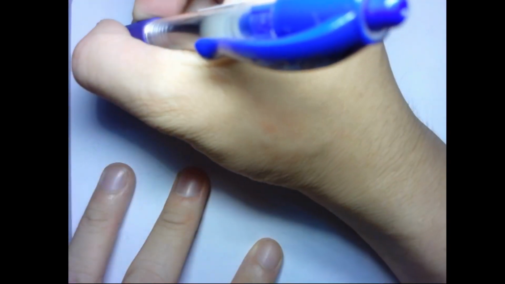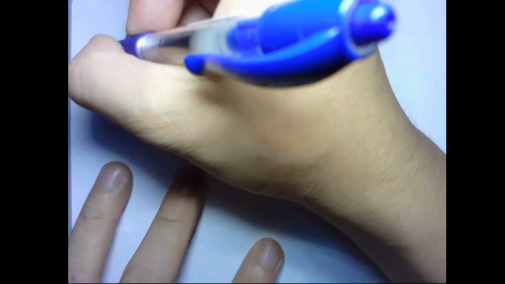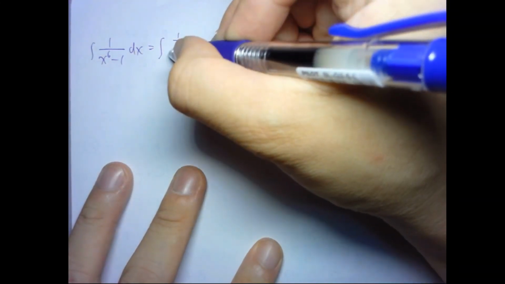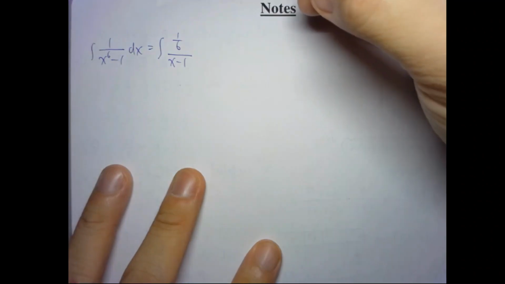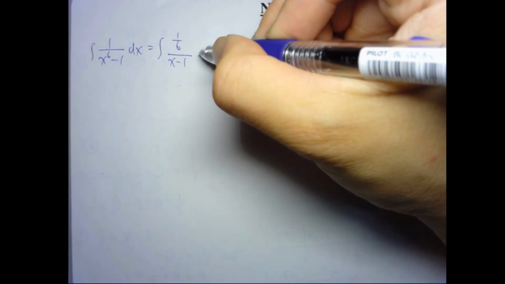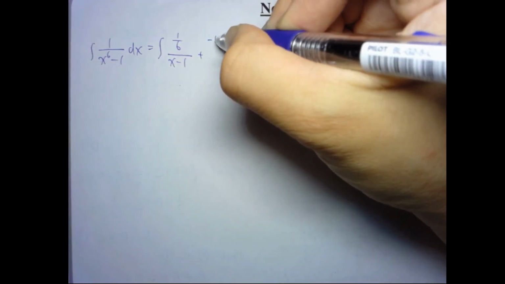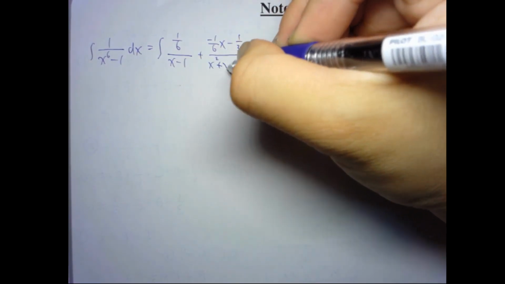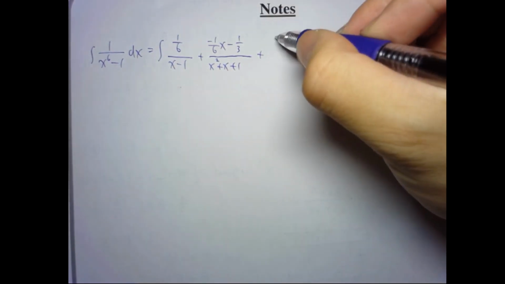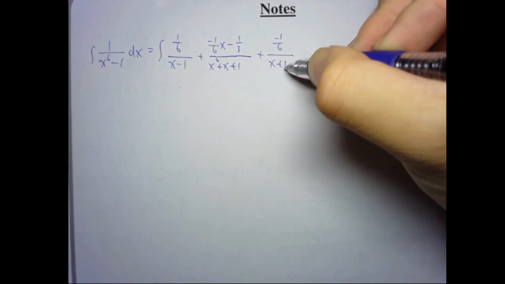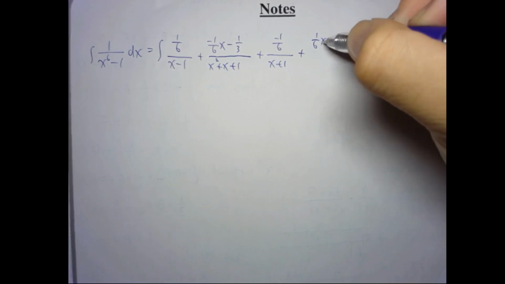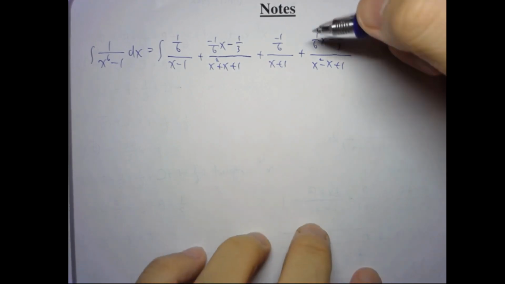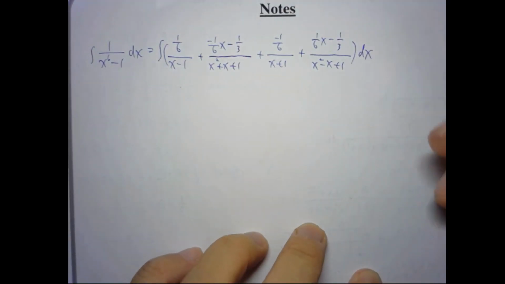We need to integrate this, which is equal to integrate 1 over 6 over x minus 1, plus negative 1 over 6 times x minus 1 over 3 over x squared plus x plus 1, plus negative 1 over 6 over x plus 1, plus 1 over x minus 1 over 3 over this. Let's add a bracket here.